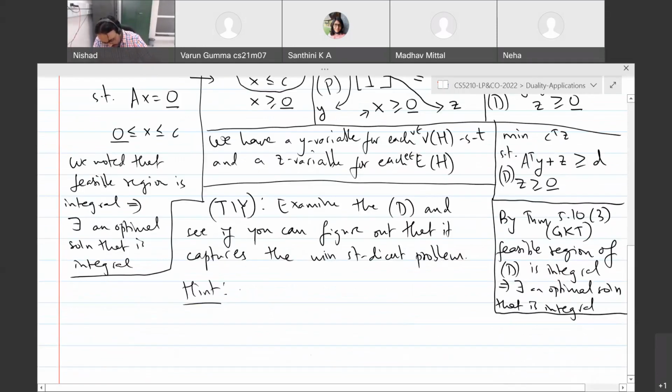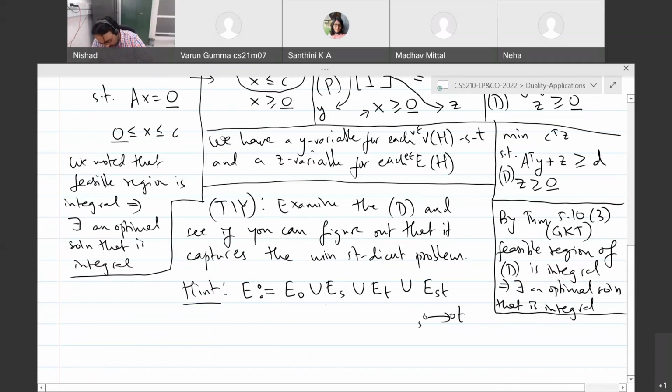Break the set of arcs into 4 types of arcs. One is the regular arcs which are not incident at S or T. The other is the arcs coming out of S. Then there are the arcs going into T. And finally, there could be an arc going from S into T. It may or may not exist in your graph.